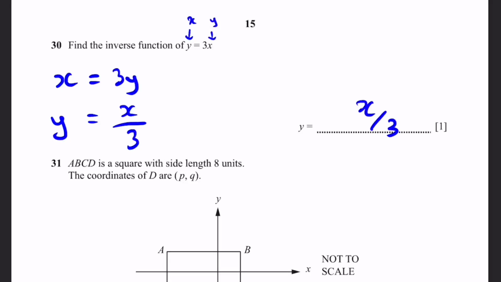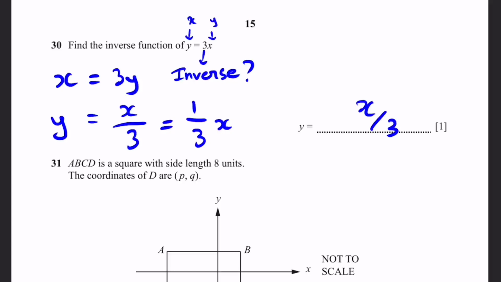X by 3. If you want to check, x by 3, by the way, can also be written as 1 by 3x. I'm telling this to you because if you want to check if your inverse function is correct or not, ignore the x and y. Look at the 3 here. What's the multiplicative inverse of 3? It's 1 by 3.